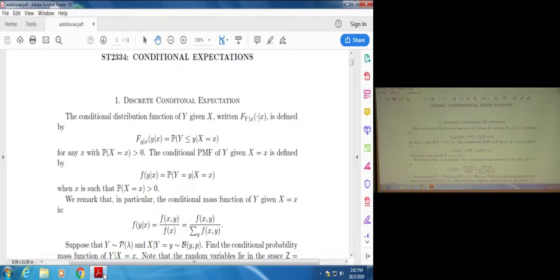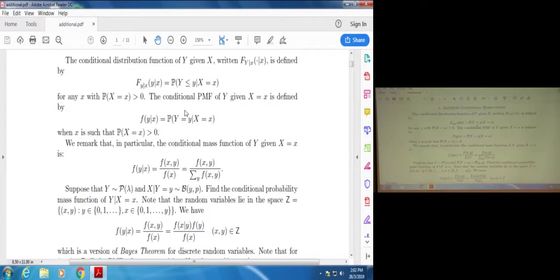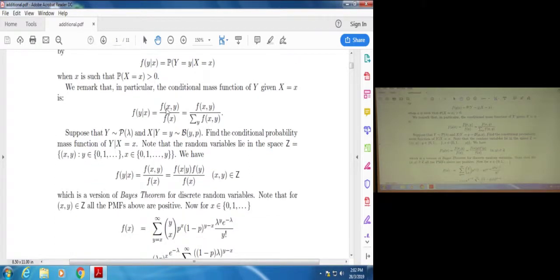We recall that this conditional probability mass function, the probability that y takes the value little y given x takes the value little x, is only well defined if the probability of x is strictly positive. In my notes I get rid of the subscripts x and y, so I just write f of x, y, which represents the joint probability mass function of x and y.